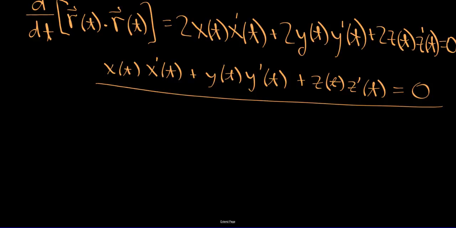Look at this. Here's what we've discovered. This right here is actually the dot product of r of t and r prime of t. That's what that is. I don't think anyone in here can argue with this.